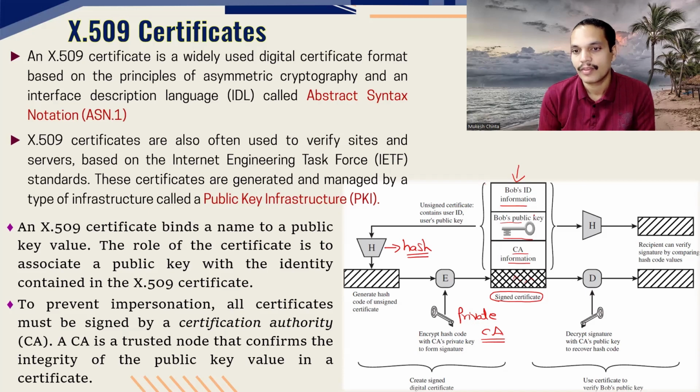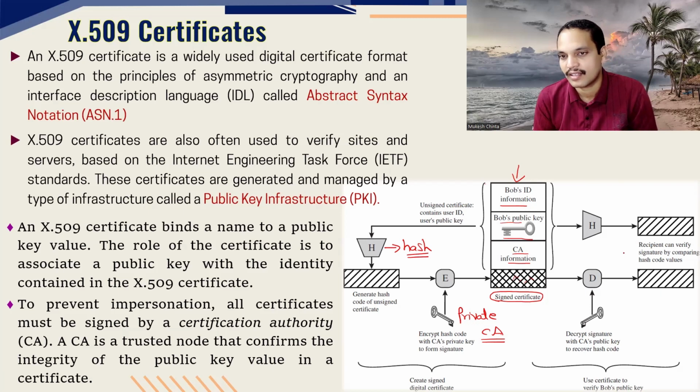So that is the reason these certificates can only be created by the certificate authority. Hence, the hash of all this information is encrypted using the private key of the certificate authority. To prevent impersonation, all certificates must be signed by a certification authority. A CA is a trusted node that confirms the integrity of the public key value in a certificate.